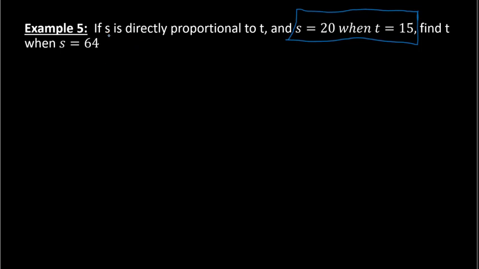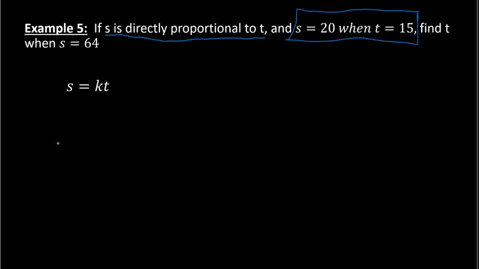To begin, I need to convert this statement into math notation. S is directly proportional to t, so written in math notation that would be s equals k times t. I use scenario 1, so I use the 20 and 15, plug them in for s and t, and solve for k.